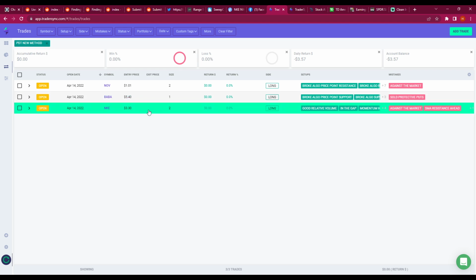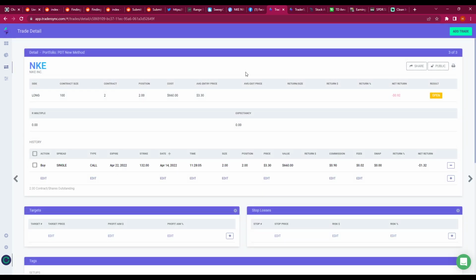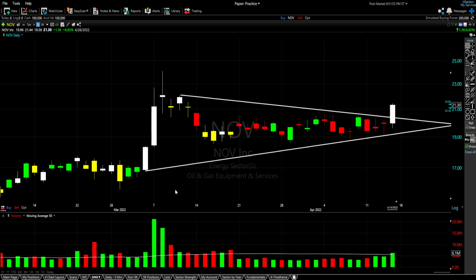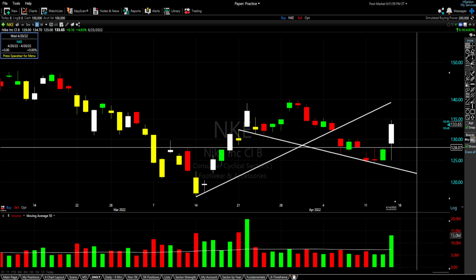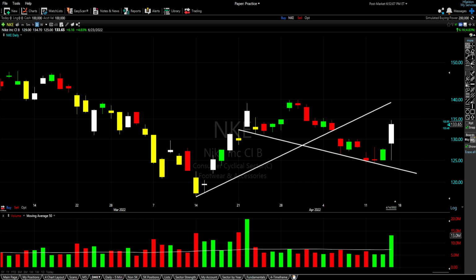So back to Nike and the problem with it. We're going to go to Nike here. Now, this is a different type of price point. Right here is the price point, and it comes in around 128.50, right?